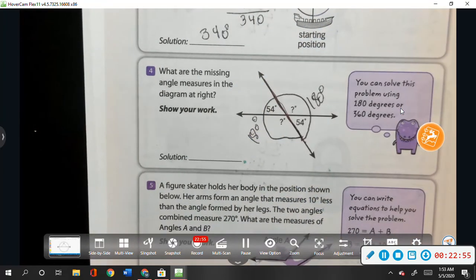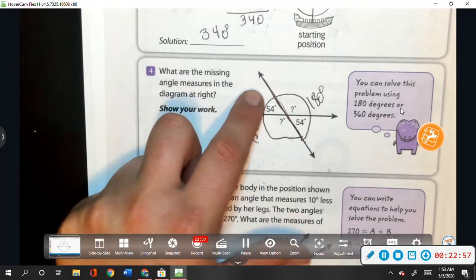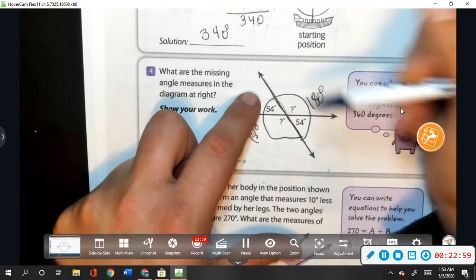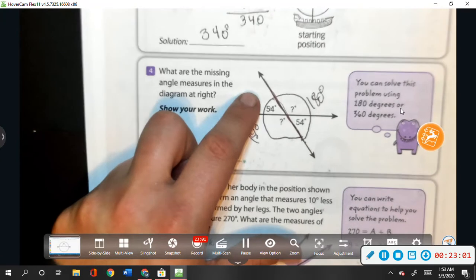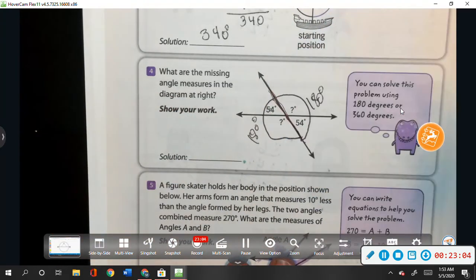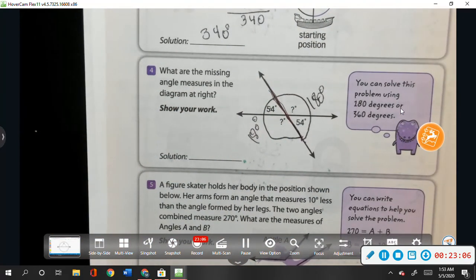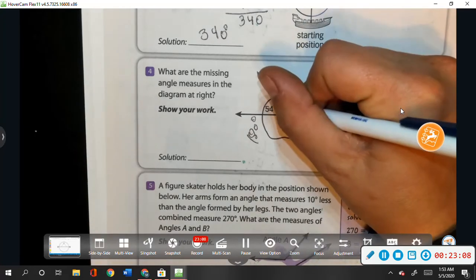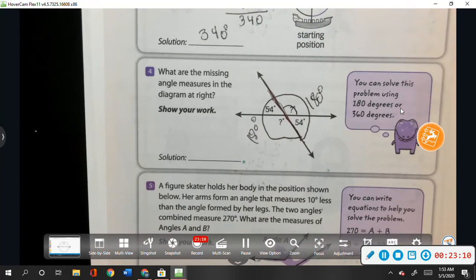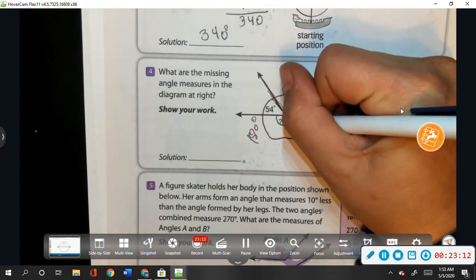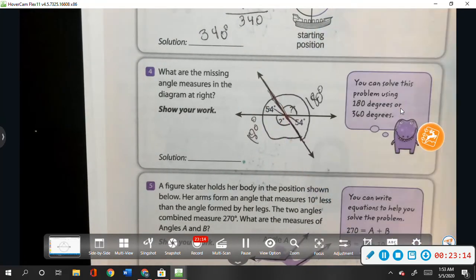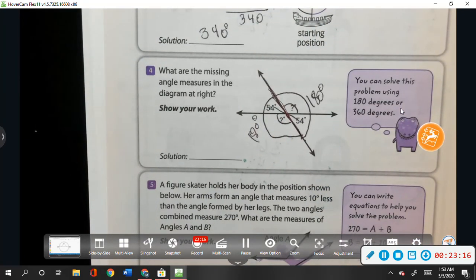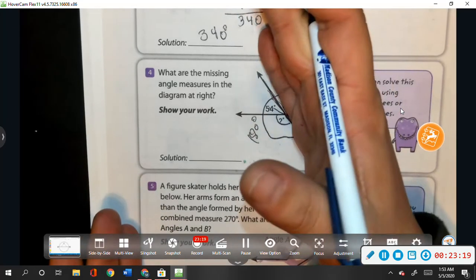We know that this is 54 degrees. So these are congruent angles, which means they're going to be the same. Whatever we say this angle is going to be, this angle is going to be the same. We know this because these two angles are congruent. They are the same. So we just need to look at half of this problem.